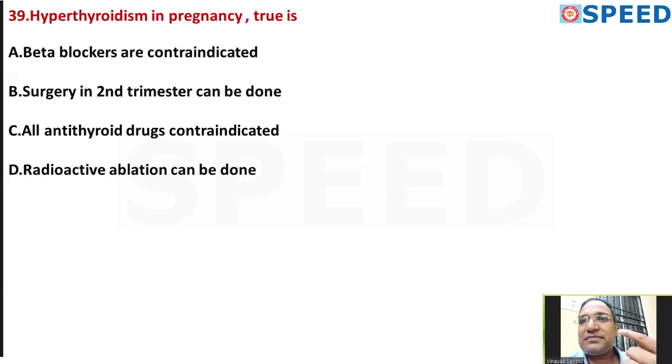Beta blockers are contraindicated? No, beta blockers are there to control the sympathetic symptoms. So all 3 options are wrong. The only option left is surgery in the second trimester, which is the best among the options given. If the question and answer are correct, the answer will be B.